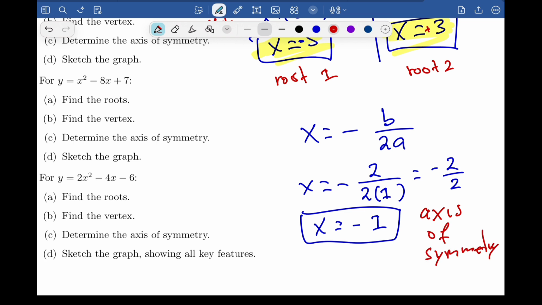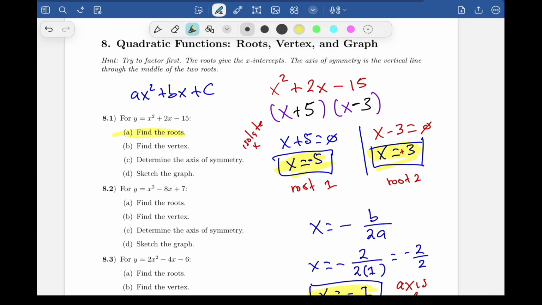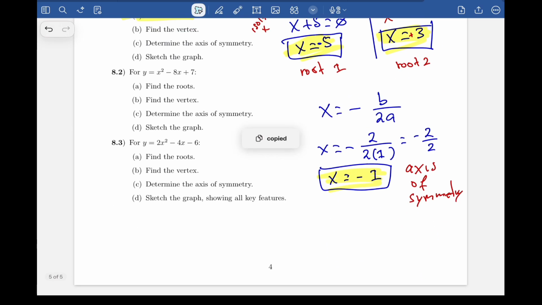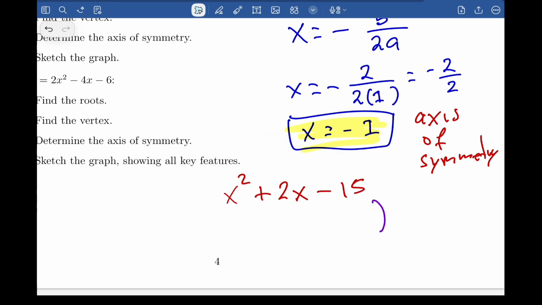Then, once we have the axis of symmetry, we need to use this x in the original function. What is our original function? Let me copy this. This one is my original function. Copy, then we can paste this. Paste. This is my original function. So guys, we are going to use this x equals negative 1 in every single x. Pay attention.